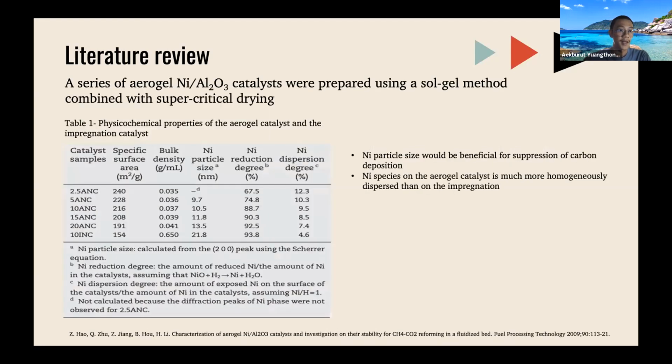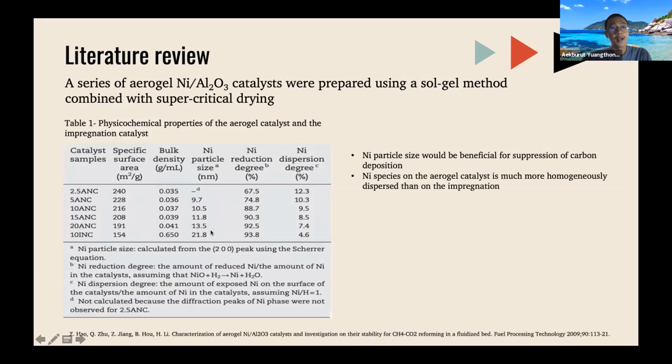And in this paper, they propose a series of aerogel nickel alumina catalysts prepared by using a gel method combined with supercritical drying. In table 1, you can see that the aerogel catalyst gives a smaller nickel particle size when compared with the impregnated catalyst.